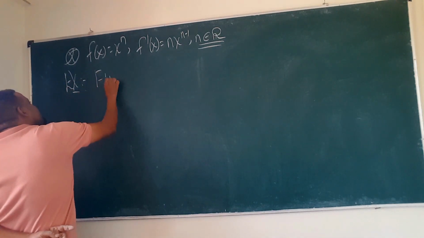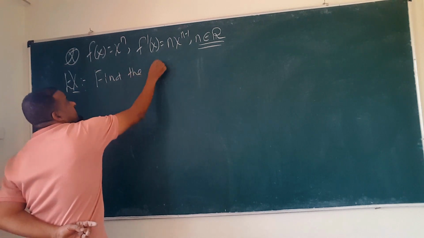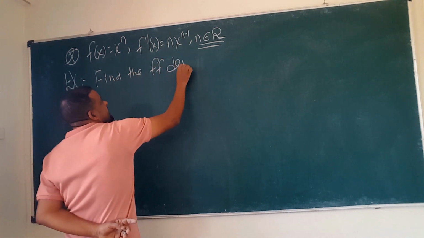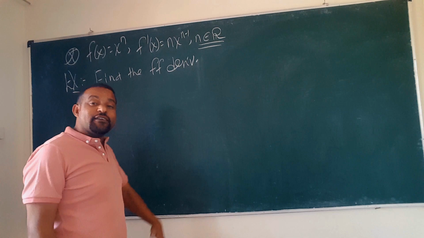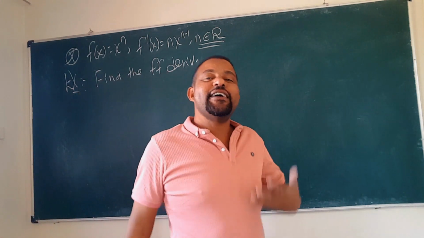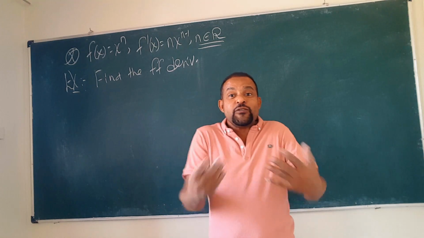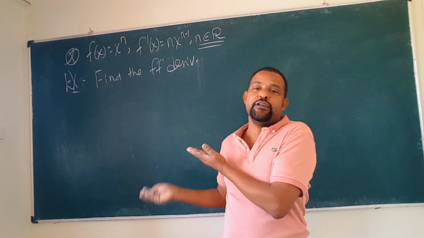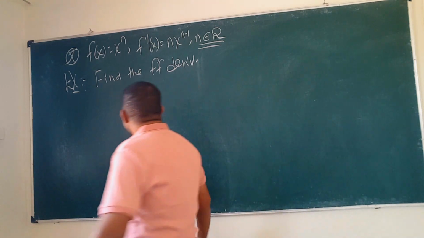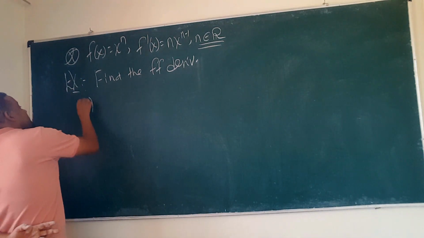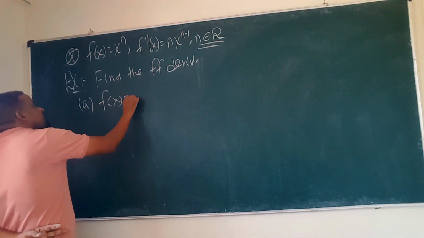Find the following derivatives. Finding the derivative means finding the instantaneous rate of change of the function at the given point, or finding the slope of the tangent line to the graph of the function. The first one: f of x is equal to x square.